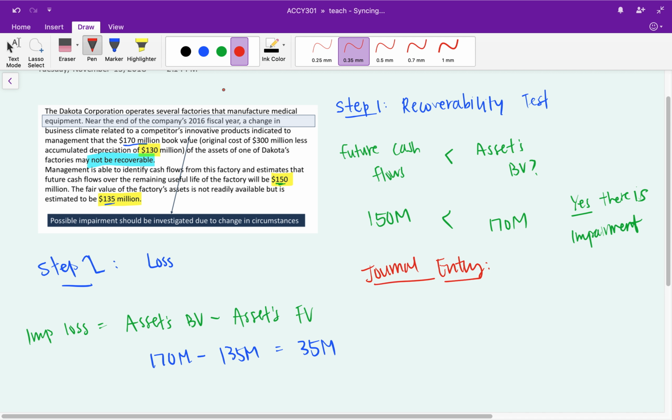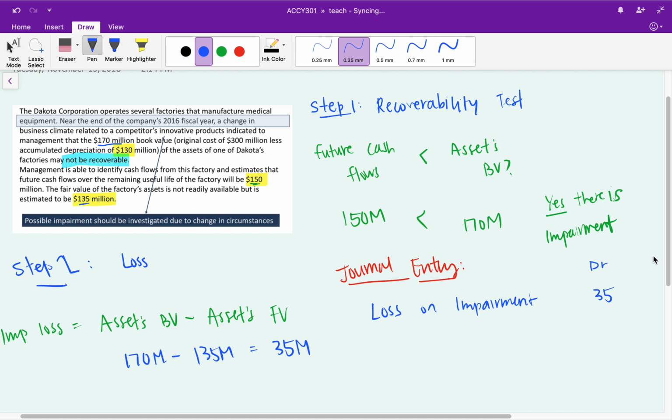So here's our journal entry. First off, we experience a loss, so that would be called loss on impairment of 35. And just to make it clear, these are debits and credits. Then we are also going to debit accumulated depreciation, because we have lost the amount of the asset, so we need to take away the accumulated depreciation that's associated with that.